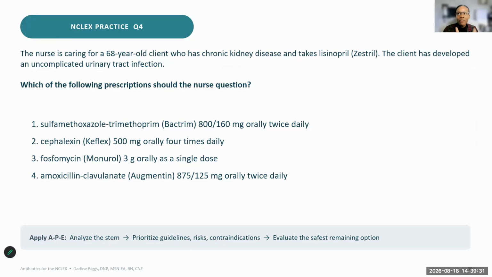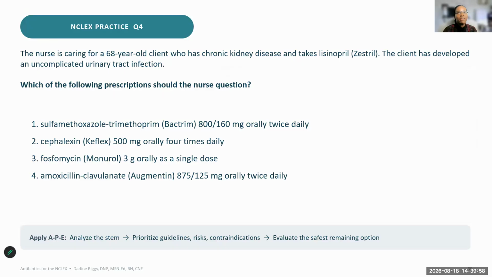Okay, so the guideline first for uncomplicated. First, let's finish the stem. Which of the following prescriptions should the nurse question? You're questioning it, okay? So you're looking for the wrong one. So the guideline first for uncomplicated UTI we know is Bactrim, but this client has chronic kidney disease and they are on an ACE inhibitor, right?